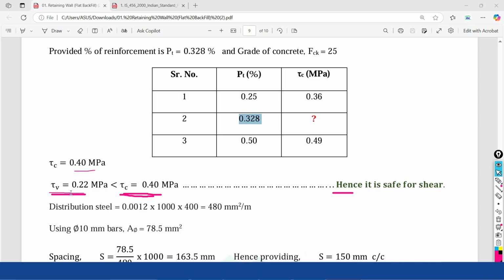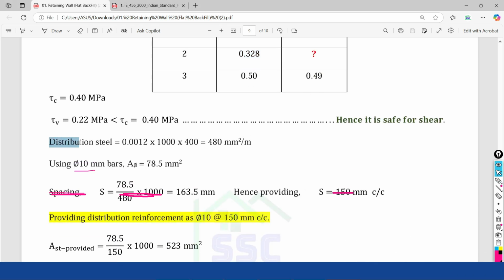Now, finally, the distribution reinforcement we are going to provide. The distribution reinforcement is 0.12% of B into D, where overall depth is considered here. After this calculation, we will come to know 480 mm square per meter length of the retaining wall. So I would like to provide 10 mm diameter bar. The unit area of a 10 mm diameter bar is 78.5 mm square.